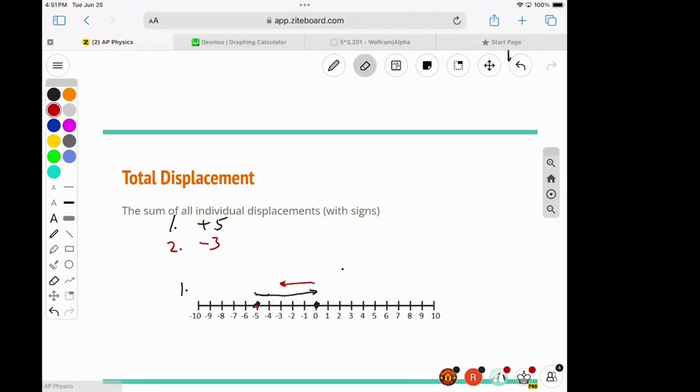And then in the third step, say I have another motion with a displacement of +10. What would you get? You would go from here all the way to 7. How do I know that? Because -3 plus 10 is 7. Then if I ask, what is my total displacement?